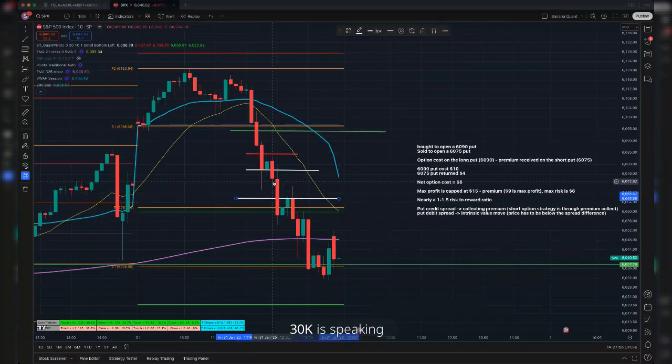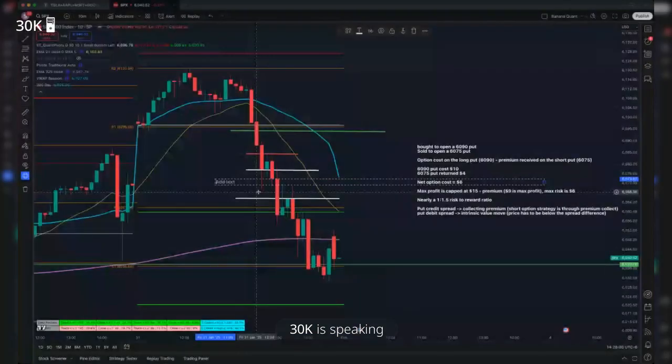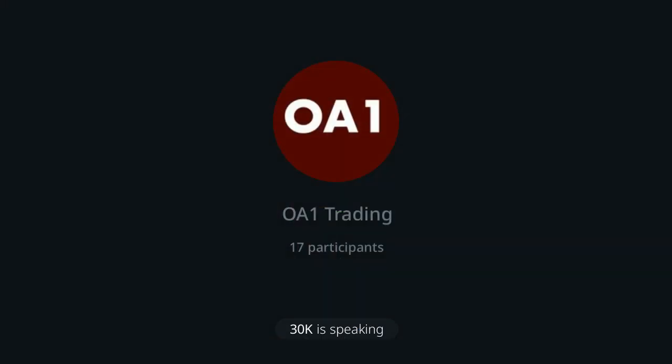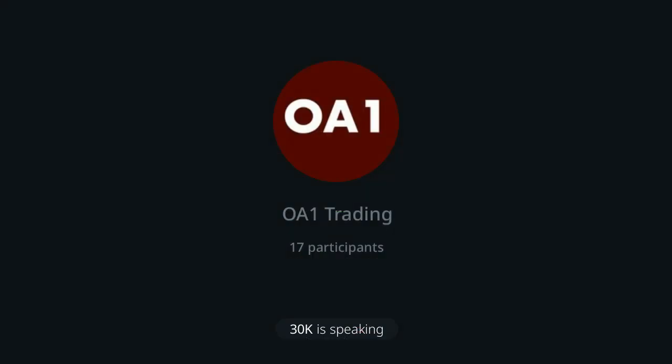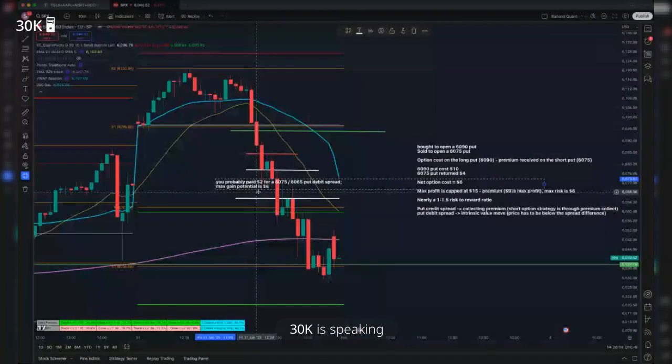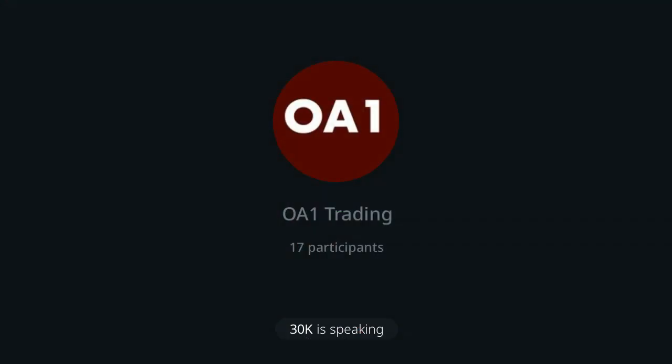In this scenario, you probably paid $2 for a 60-75, 60-65 put debit spread. Max gain potential is $8, right? So $10 spread minus premium paid. And that's a 1 to 4 risk to reward ratio, right?